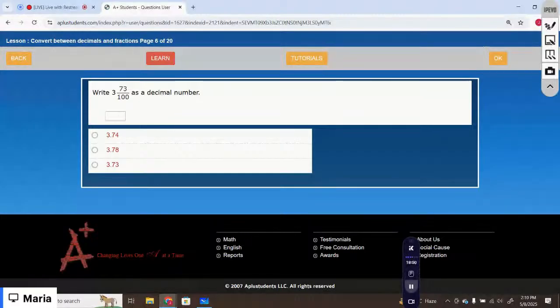That is 3.73. Option number three is the correct option.